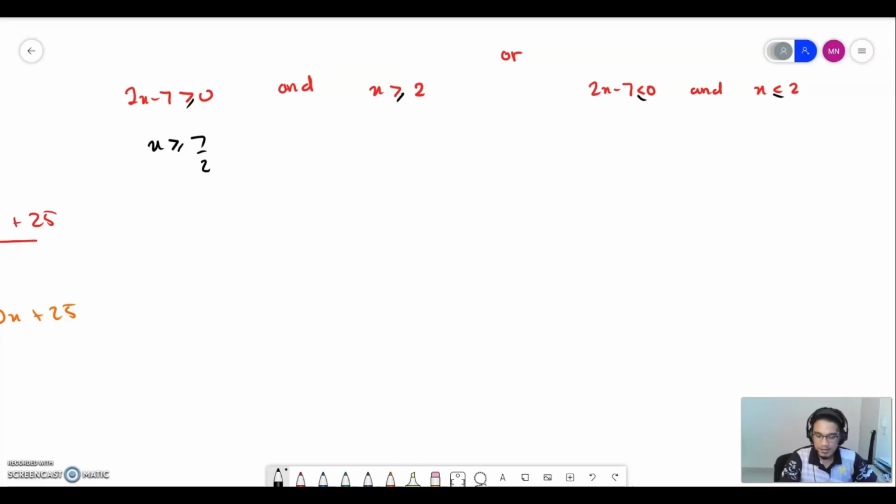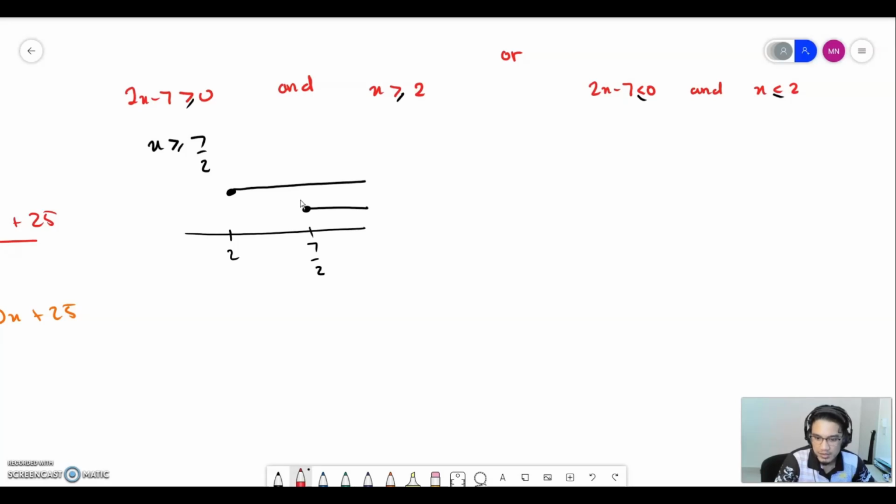Then we will have 2 and 7/2. So by the basic theorem, we have the region that is bigger than 7/2.